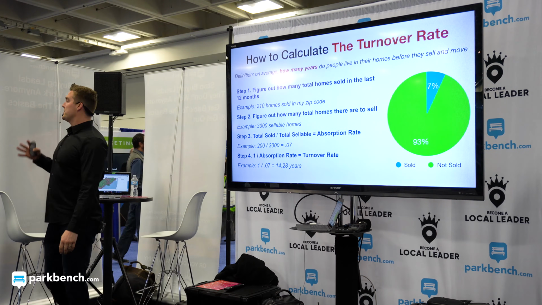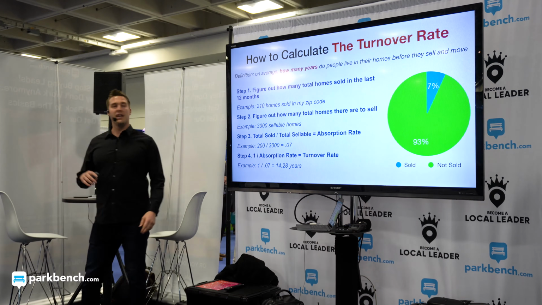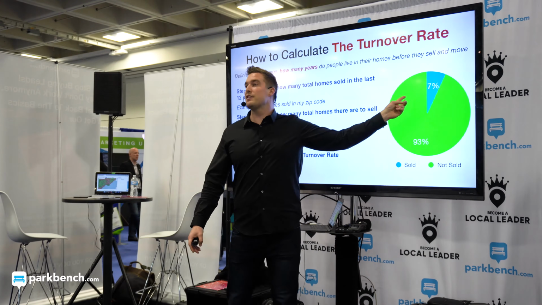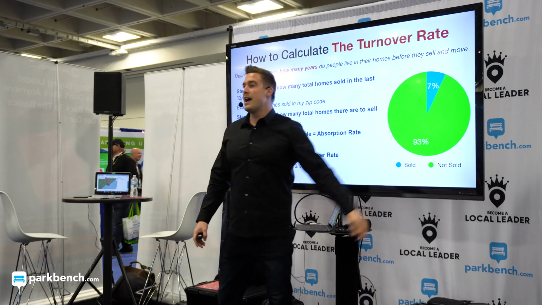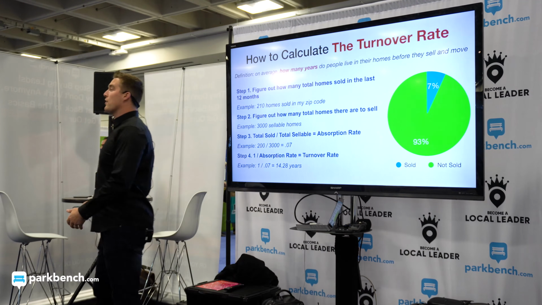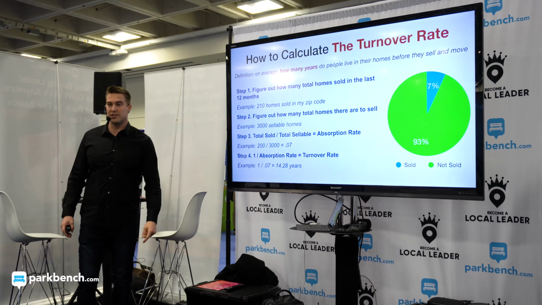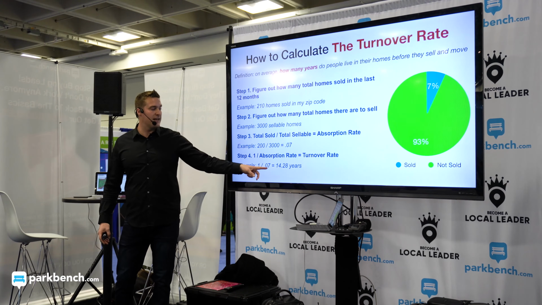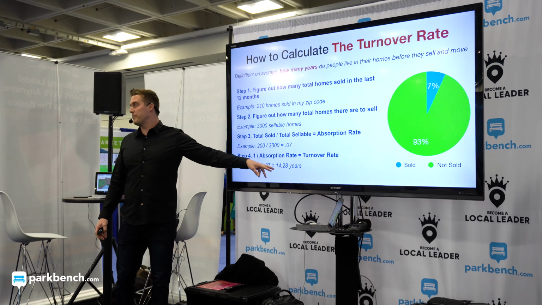This is the definition of a turnover rate. If the market continues to sell 7% every single year, how many years would it take for 100% of the market to be sold? 100% divided by 7% is 14.